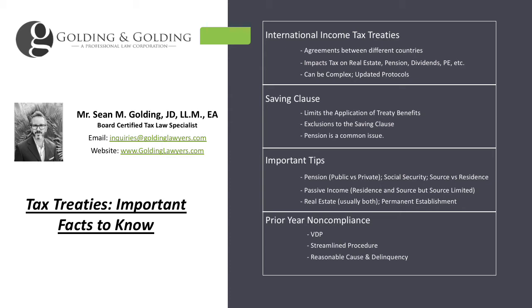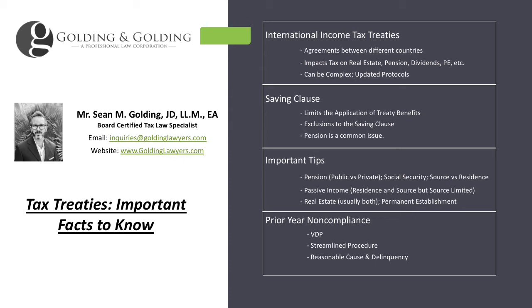Then you have exemptions or exceptions to the saving clause that says, hey, these carve-outs from the saving clause are not going to be subject to the saving clause, so that the treaty benefits will still stand despite any saving clause. Okay. Again, when it comes to saving clause, pension is a very common issue for individuals.